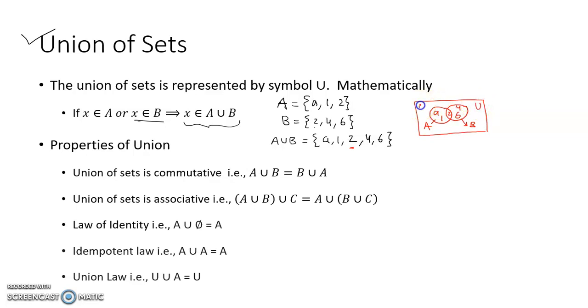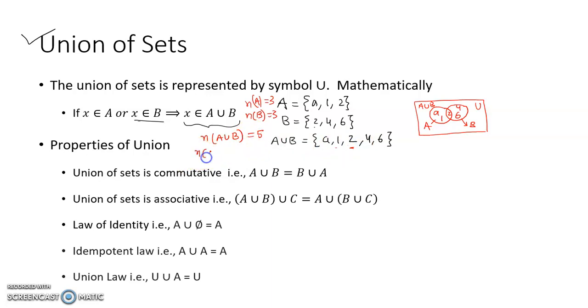This is a universal arrangement and this represents A union B. Another thing to notice here is the number of elements in A is 3, the number of elements in B is also 3. Number of elements in A union B, if you see 1, 2, 3, 4, 5, is 5.